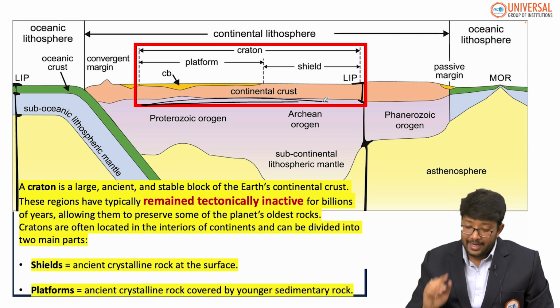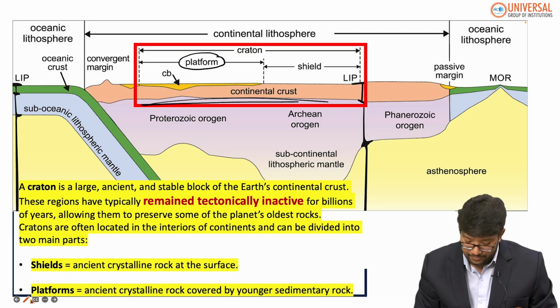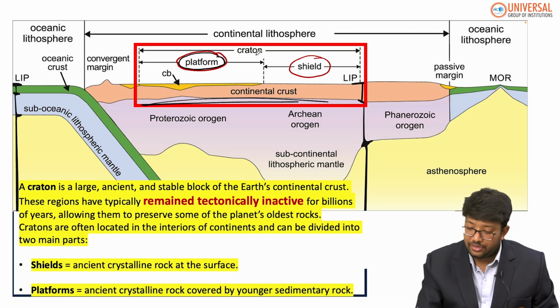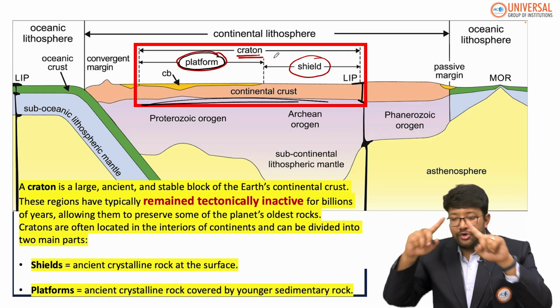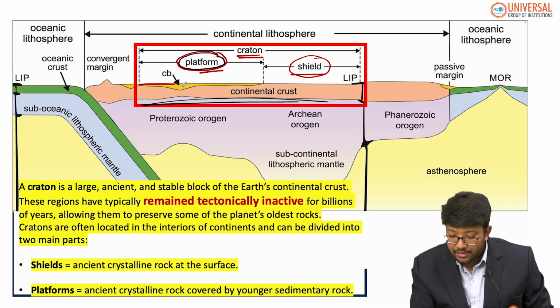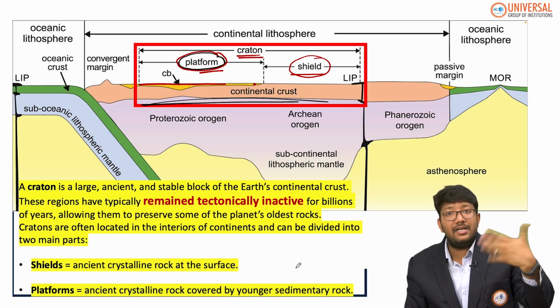Okay. And cratons are also divided into two parts. Can you see the platform and shield? So this is the craton. A craton is divided into two parts, that is shield and platform. As you can see, this particular yellow color is sediments, basically sedimentary rocks.